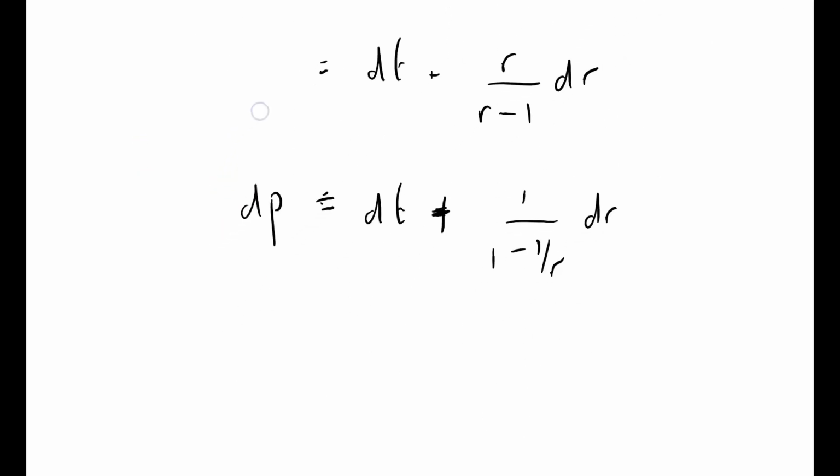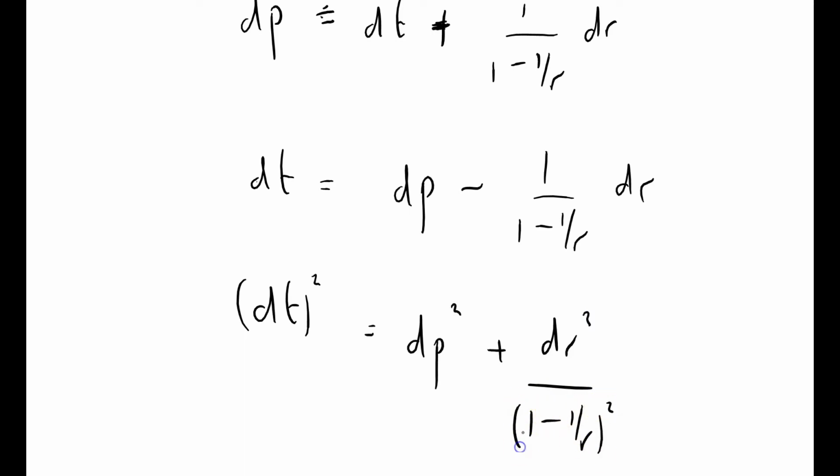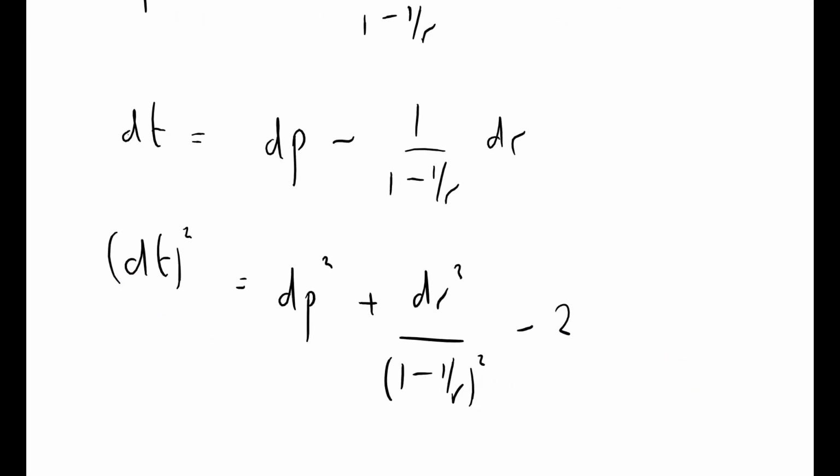Now what I'm going to do is take the Schwarzschild metric and rewrite it in terms of dp. So I can rewrite dt equals dp minus 1 over (1 minus 1 over r) dr. So I can say that dt squared equals dp squared plus dr squared over (1 minus 1 over r) squared, minus 2 times the cross terms, dp dr over (1 minus 1 over r).